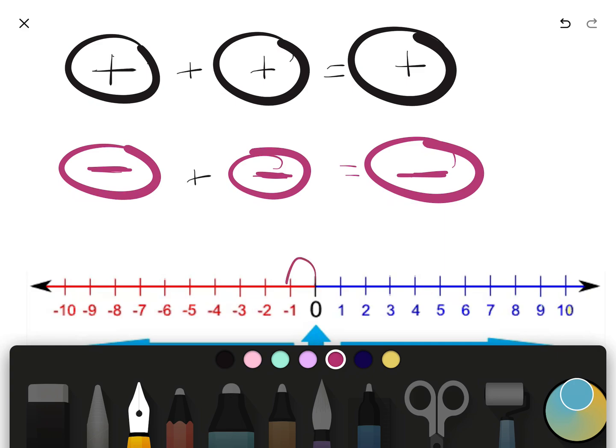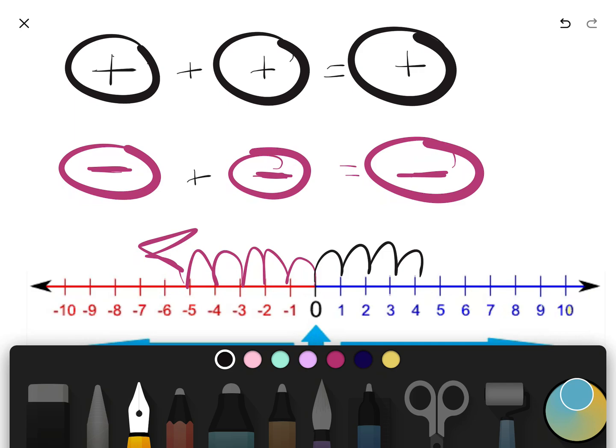Because if you're going to the left and then you go more to the left, you're still going to be to the left in the negatives from where you started. If you go to the right and you go more to the right, you're going to be in the positives. So a positive and a positive is positive, a negative and a negative is a negative.